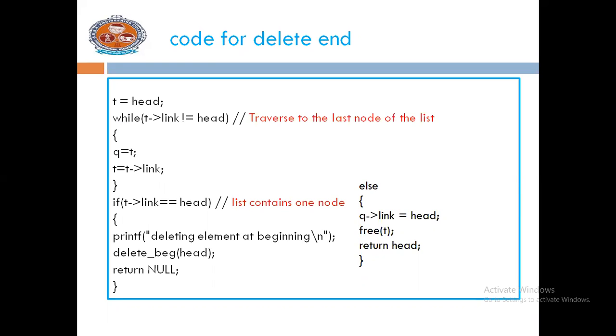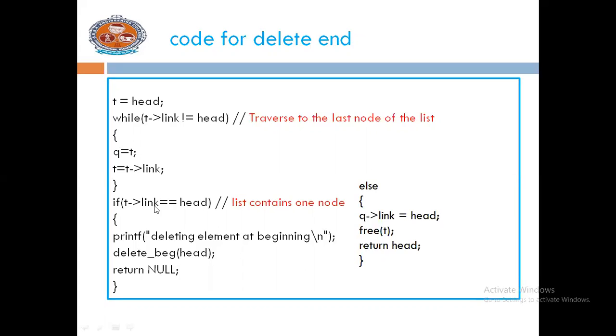While t of link is not equal to head, we are moving ahead: q is equal to t, and t is equal to t of link. So what is q? q points to the last but one node. At the end of the while loop, q points to the last but one node in the list and t points to the last node in the list.